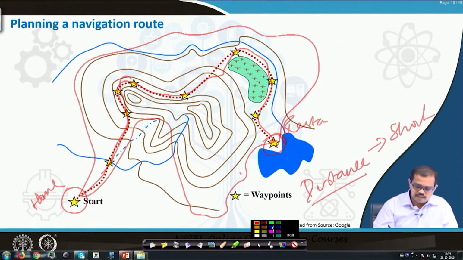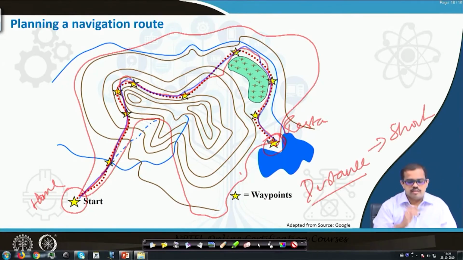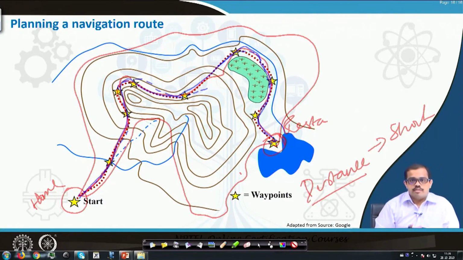Let me take a different color. The shortest distance is through this. Now it starts looking at the points that connect to form line segments, otherwise called waypoints.